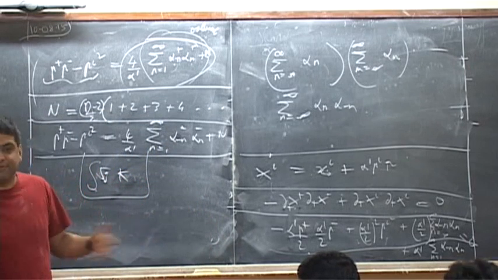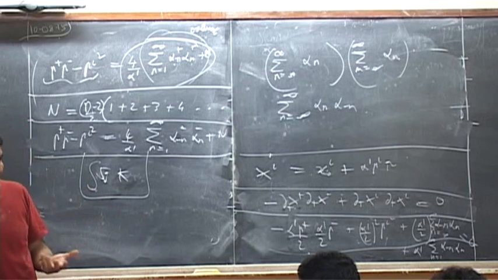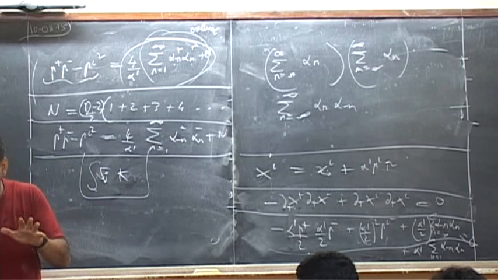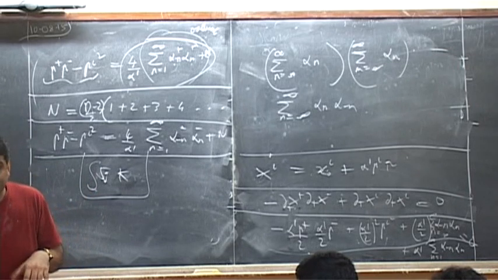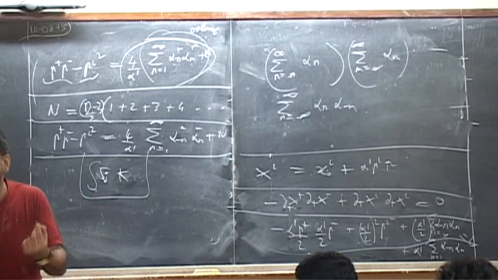So scaling is a symmetry of our theory. Any theory that has both diffeomorphism and Weyl symmetry has invariance under what's called conformal transformations. We'll get back to that in maybe the next lecture, but in particular there is invariance under scale transformation. No theory with an inherent length scale in it can be scale invariant.